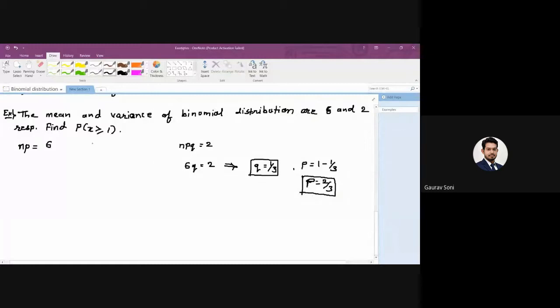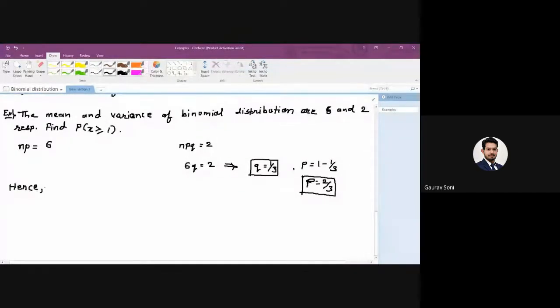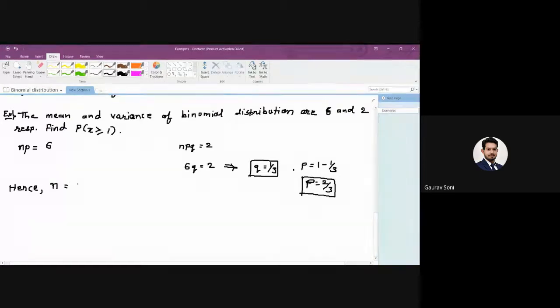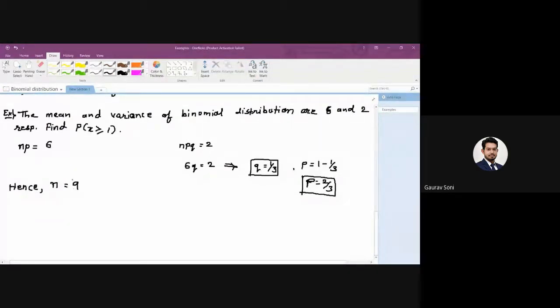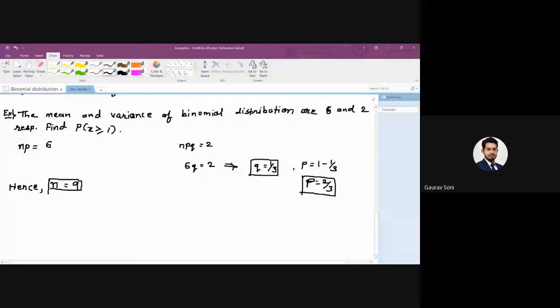Substituting this value 2 by 3 in this, n is equal to 9, right? So we have all the required things now.